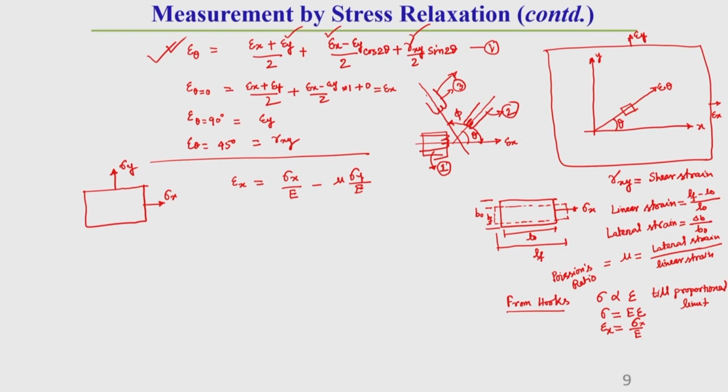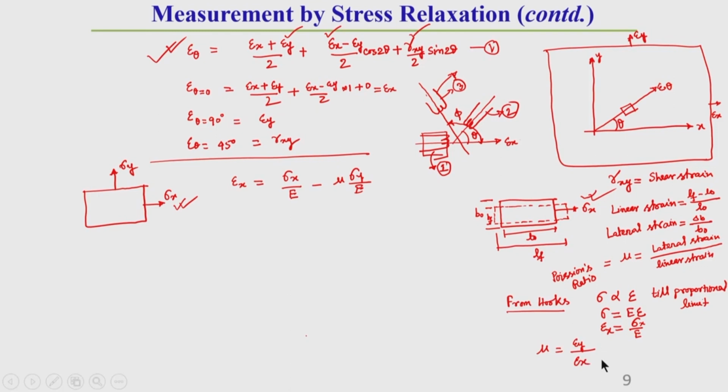Now, another thing you should keep in mind: due to this sigma x itself, some other strain occurs in the other direction. Whatever strain develops due to sigma x, here mu you can write as epsilon y by epsilon x, correct.